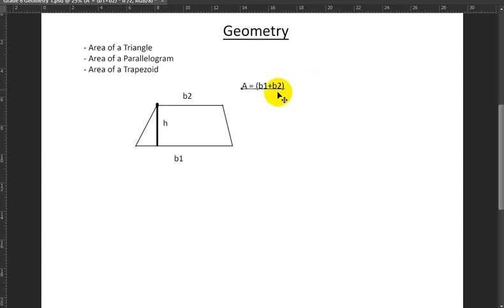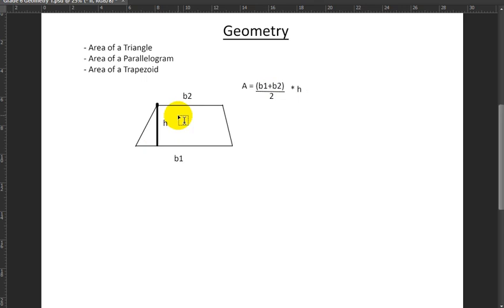I'm going to delete this from here. It looks a little better if we write it in fraction form. So (b1 + b2) over 2, and then the result of that calculation multiplied by the height. And this is how it should be written. This is the formula for calculating the area of any trapezoid: the sum of the bases divided by 2 and then multiplied by the height.